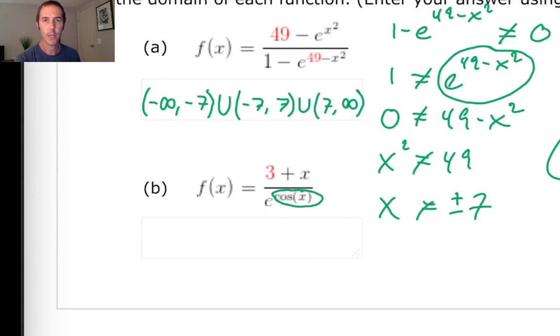Consider e being raised to any number from negative 1 to positive 1, all the decimals, all of them. Is there a possibility that I'm going to end up with a denominator of 0? No. You can't take a positive value like e and raise it to a power and get 0. But you knew that already.